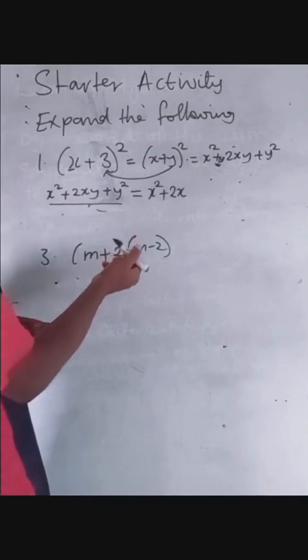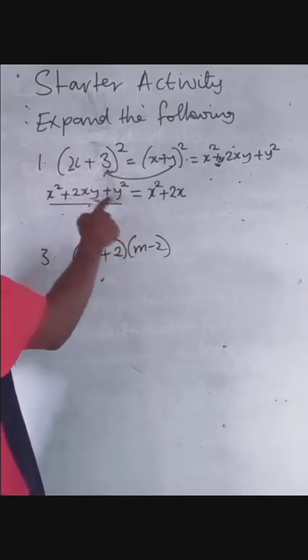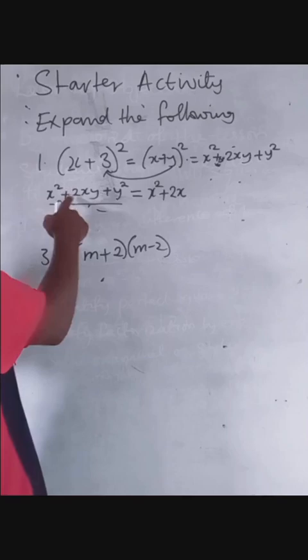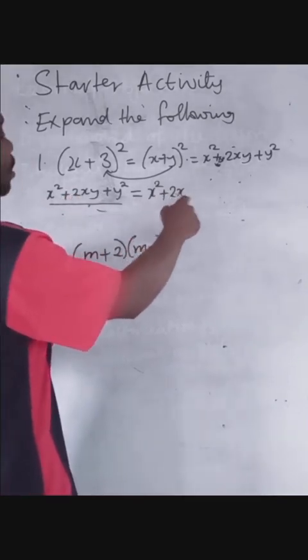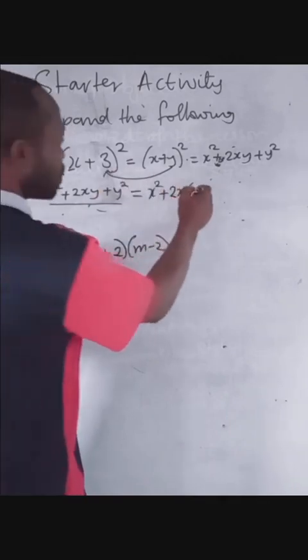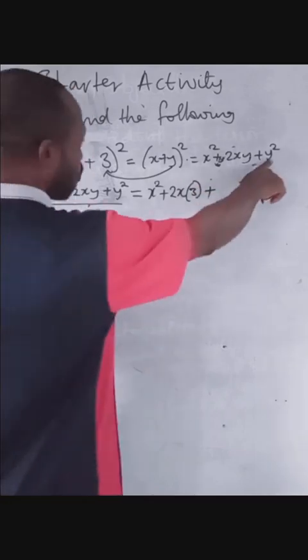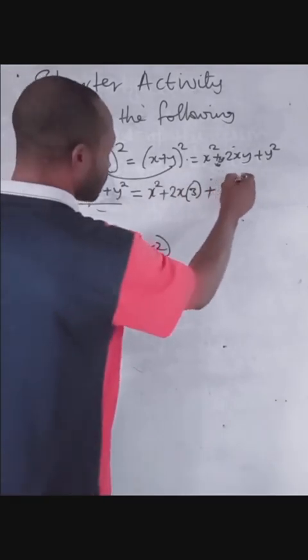X is a variable. The variable y is 3 here. So we're going to put 3 in place of y in this equation. So x squared plus 2 multiplied by x, multiplied by the value of y, which is 3, plus y squared, the value of y, we are going to square it, so 3 squared.